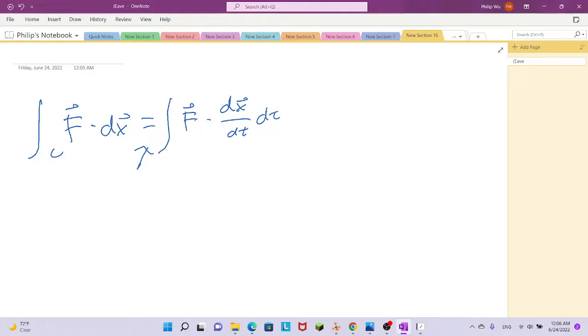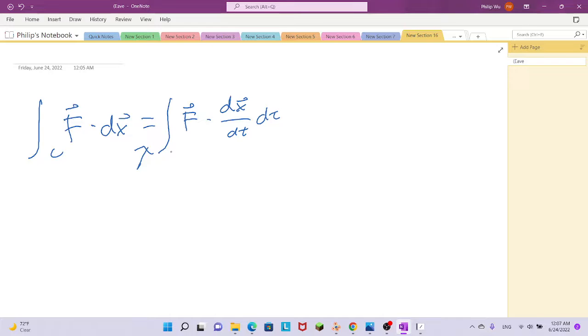So, anyways, we can rewrite the right-hand side. The integral of force with respect to position, we can write in terms of an integral with respect to time t, the independent variable of our parameterization of position.